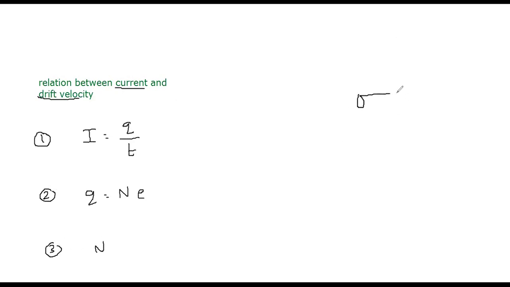Imagine a wire like this. For 1 meter cube, assume there are n electrons. For 2 meter cube, how many electrons? Anyone? For 1 meter cube, very good. 2n electrons.